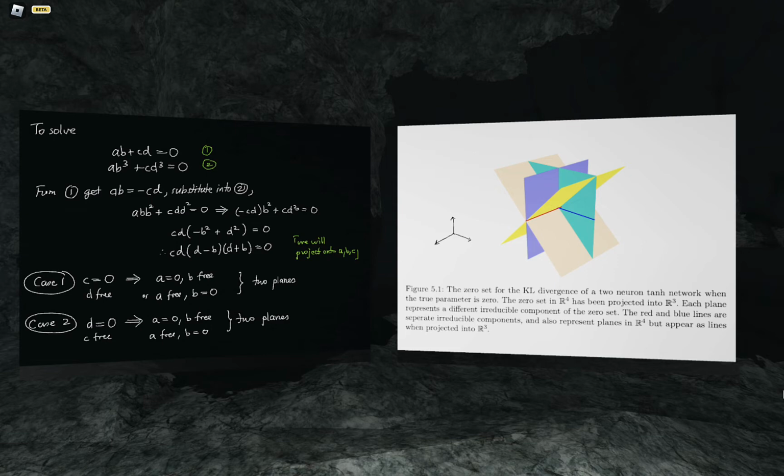Okay, we just found 2 planes. Can we locate them? D equals 0, that's a good one because we're going to project onto R3. So that will be A equals 0 and B is free. So those should be 2 lines, right, in the projection?